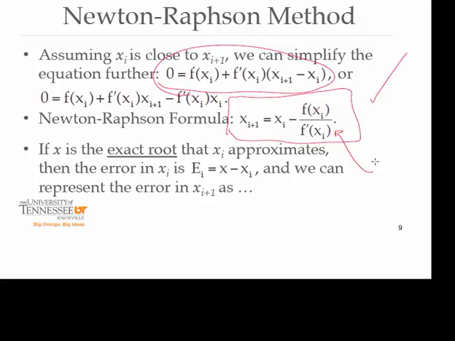So if x is the exact root that x_i approximates, then the error of what this iteration would produce, in terms of how close it would be to the exact root x, we could specify as e sub i and represent the error in the next iterate according to the formula that'll be on the next slide.